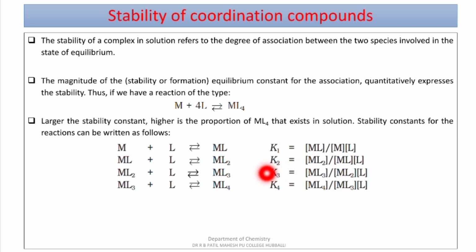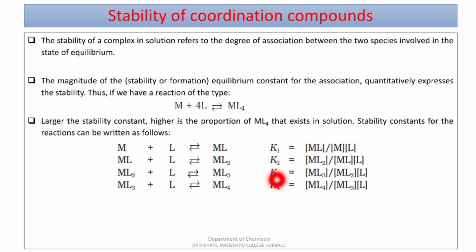Therefore, K2 is equal to the concentration of ML2 divided by the concentration of ML into the concentration of L. The product of the second reaction, that is ML2, now combines with the third ligand to form ML3.